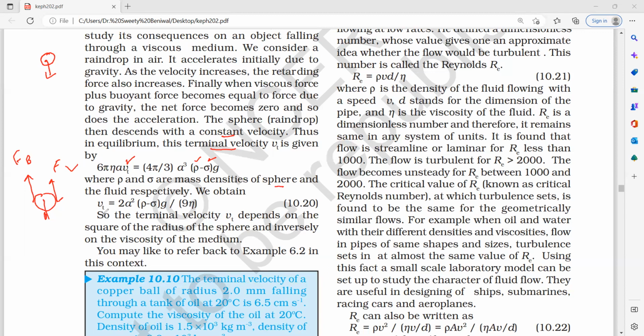On simplifying, you will get terminal velocity is 2 a square, you can say r square also if you are replacing a by radius r, rho minus sigma g over 9 eta. So the terminal velocity depends on the square of the radius of the sphere, and it is inversely proportional to the viscosity of the medium. From this equation you can relate.